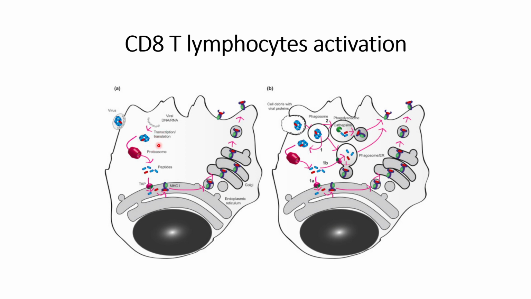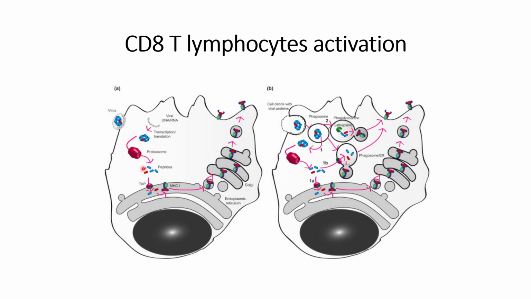However, in this case, the RNA has been directly translated in the cytosol to form a viral product, or the product that is encoded in the genetic material of the virus.